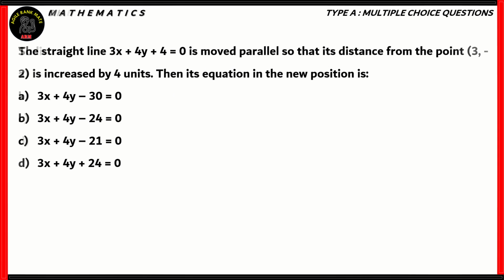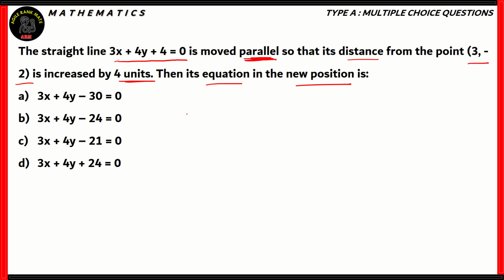Now let's look at some questions from mathematics. The straight line 3x + 4y + 4 = 0 is moved parallel so that its distance from the point (3, -2) is increased by 4 units. We need to find its equation in the new position. And we have 4 options given to us.